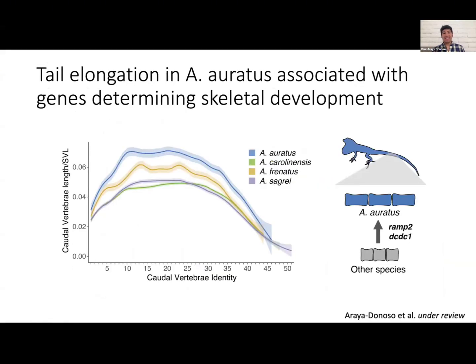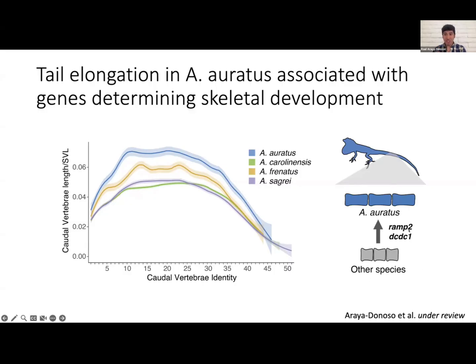And last but not least, when we studied Anolis auratus, which is the species with a really long tail, we measured the length of each one of the vertebrae in the tail. And we found that for auratus, here in blue, the vertebrae are longer than they were for the other species. If you imagine how the vertebrae look, this is Anolis auratus, and this would be the other species.